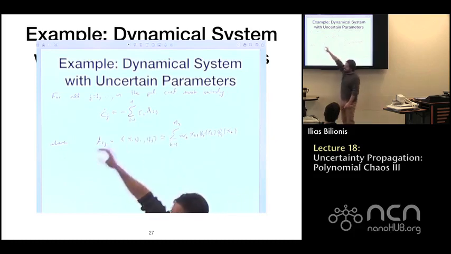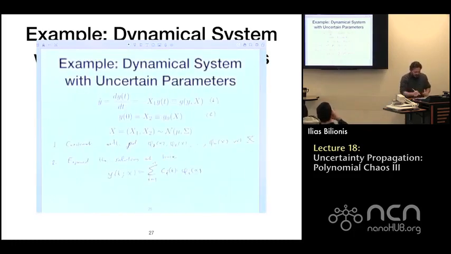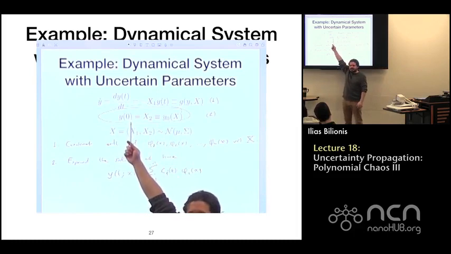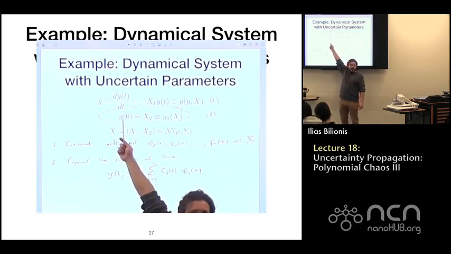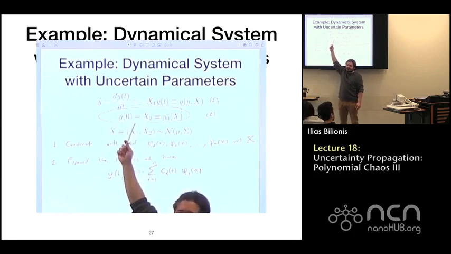And you need initial conditions for that. And to get the initial conditions, you look at the initial conditions of the original system, okay? And you just project them in that basis, right? So you can project y0 in the same polynomial basis and match the coefficients.